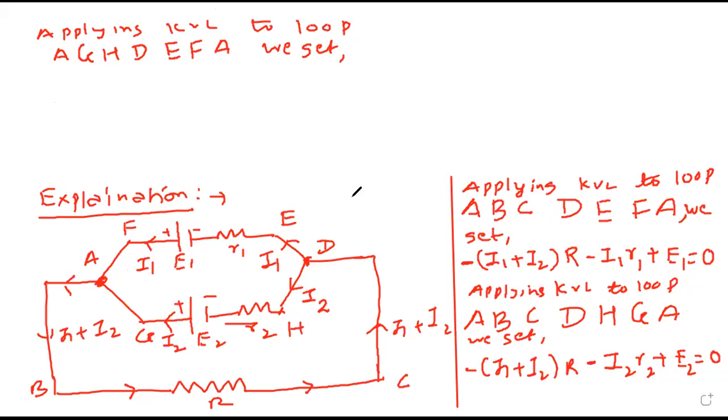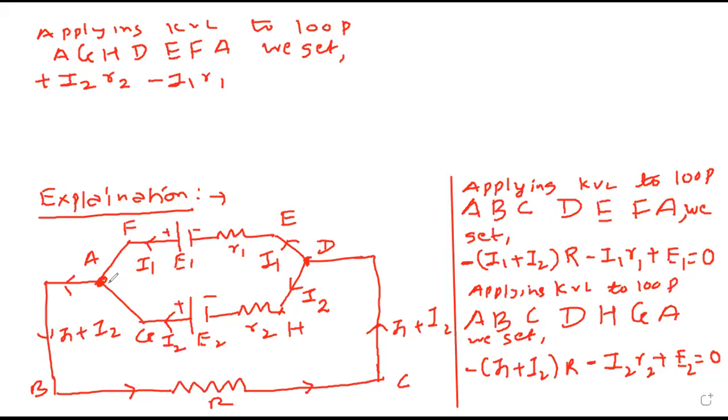I2 R2, but plus or minus? Plus, because they are opposite to the current. D to E, nothing. E to F, minus I1 R1 because we are in the direction of current. Okay? Now, checking the batteries.